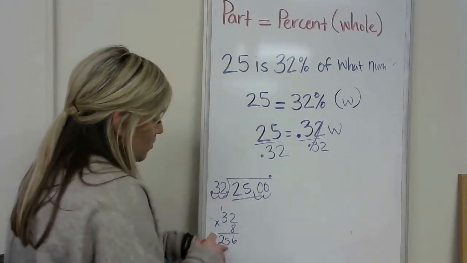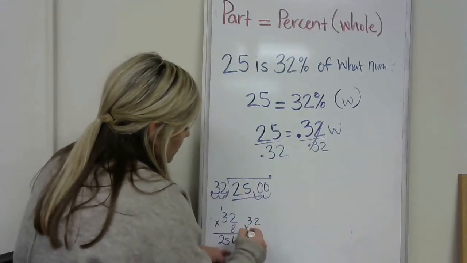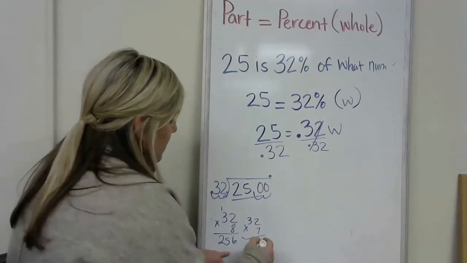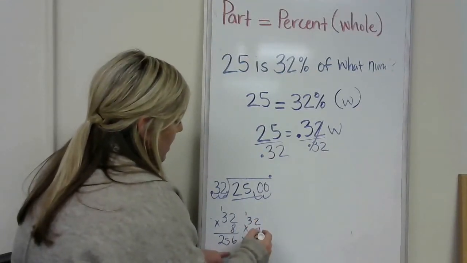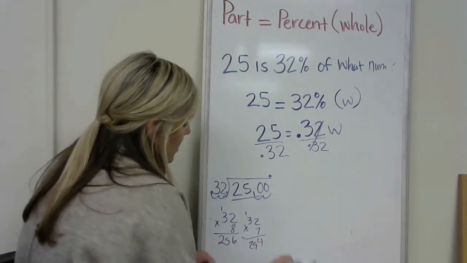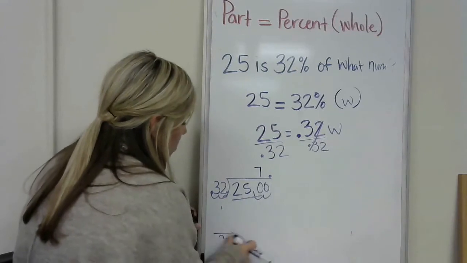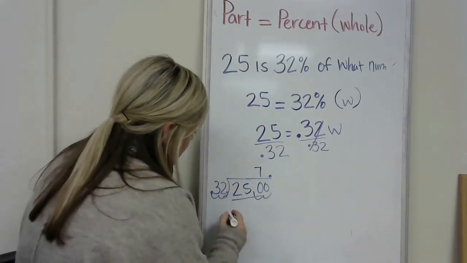Okay, that's too big, but it's barely too big. So I'm going to try 32 times 7 now. Can y'all see that? Okay. 2 times 7 is 14. 4 can stay, 1 has to go. 3 times 7 is 21. Plus 1 is 22. Okay, so 7. It goes in 7 times, 224. Oh, wait a minute.